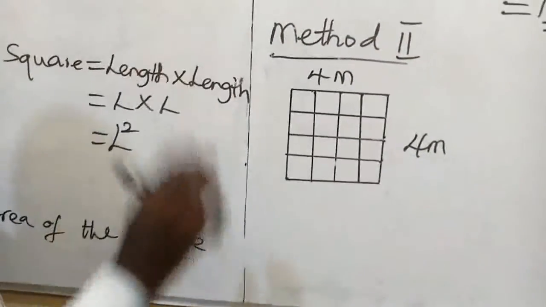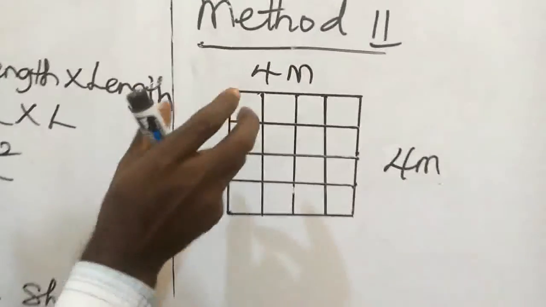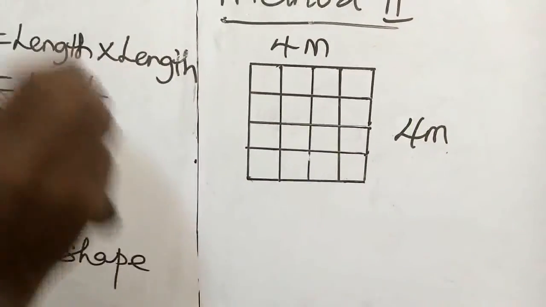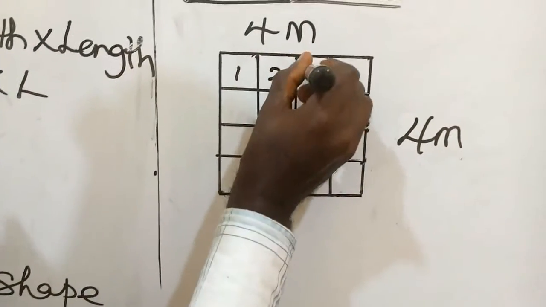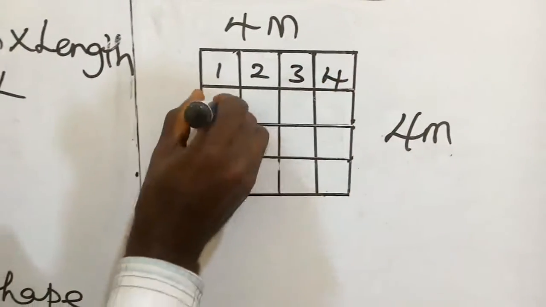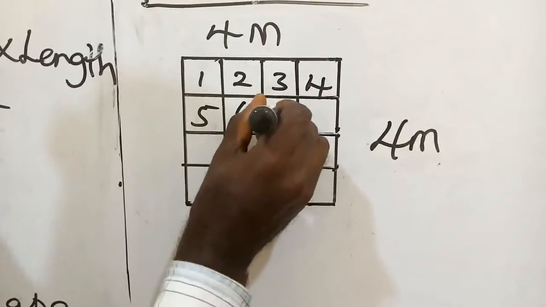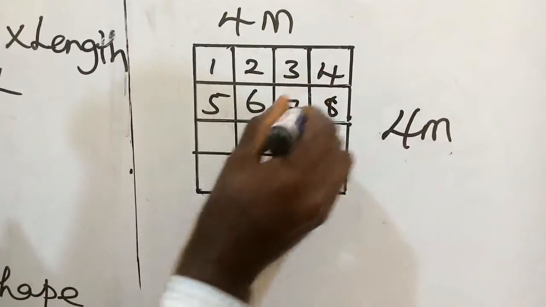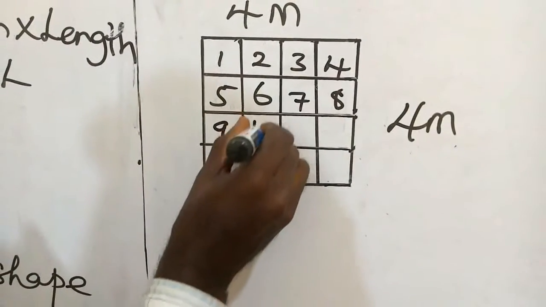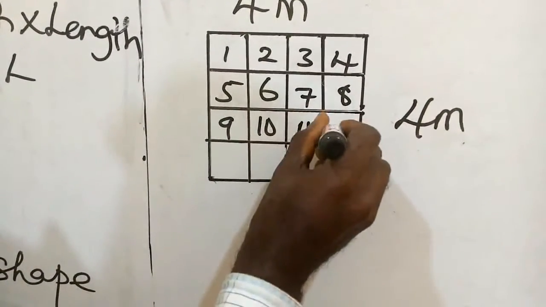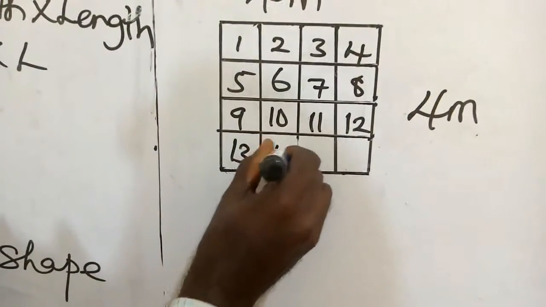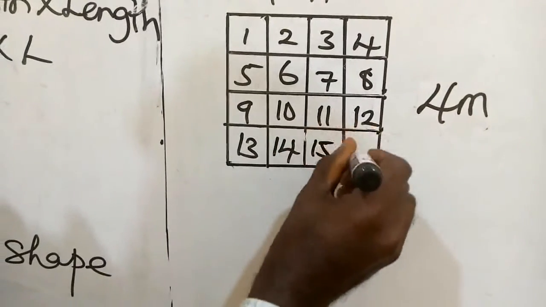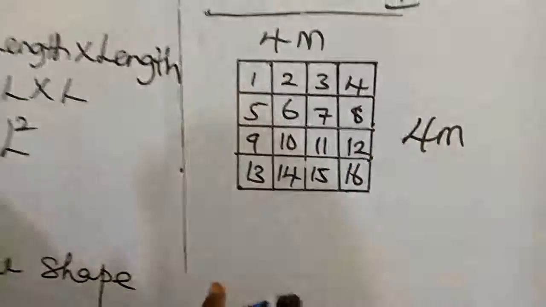Now the next thing we are going to do is to count the little squares in the shape. Let's count. We have 1, 2, 3, 4, 5, 6, 7, 8, 9, 10, 11, 12, 13, 14, 15, 16.